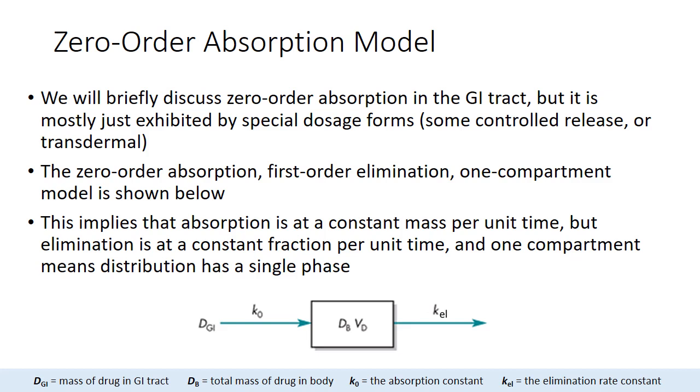So what you're going to find on the next slide is that K0 is going to stand on its own. We don't need to know how much drug is in the GI tract in order to do this equation, because by definition it's a constant mass absorbed regardless of the drug in the GI tract. So I'll show you that on the next slide.